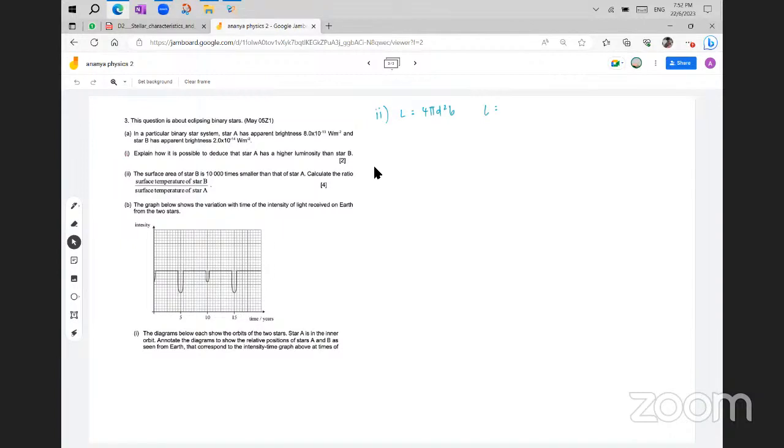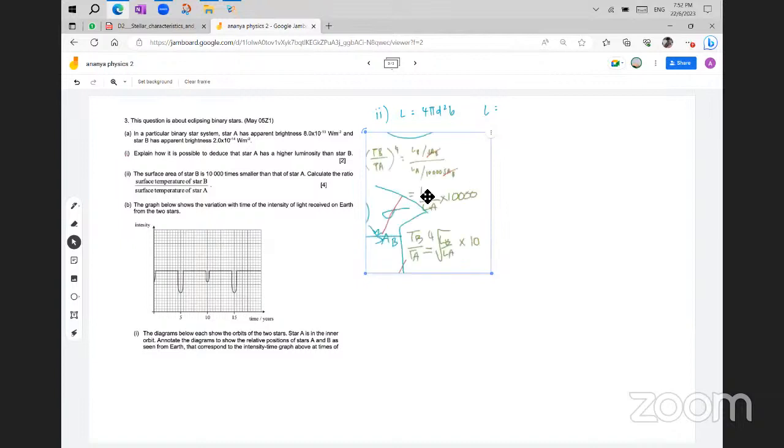Okay, I'm gonna copy it here. So when I was explaining to you the distance, I was trying to explain this problem, right? Okay, so I propose to you that since the distance is the same, I can replace the luminosity with the apparent brightness. Am I making any sense?